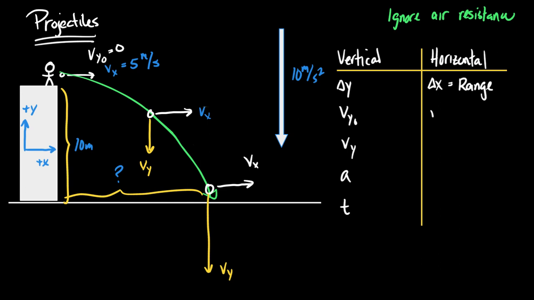So we can just list that as Vx, because it doesn't change. And then there's, of course, how long it takes to move sideways. The thing about all projectile problems is that they are linked together by the time. The time it takes the object to fall is the same as the time it takes the object to move sideways. So in all these problems, we're finding the time on one side and using it in the other.